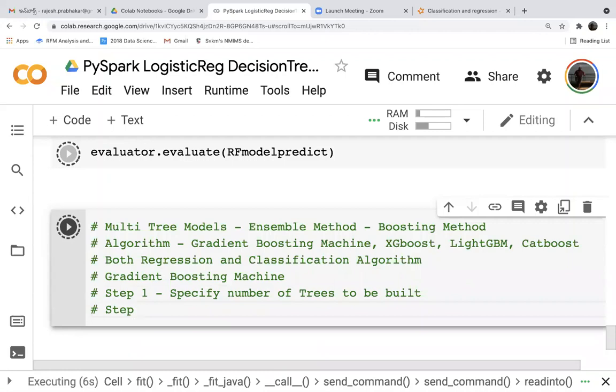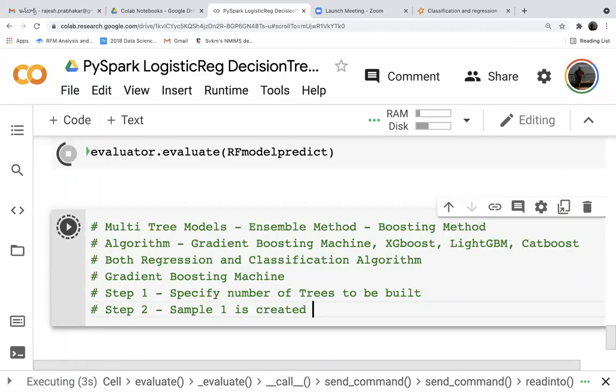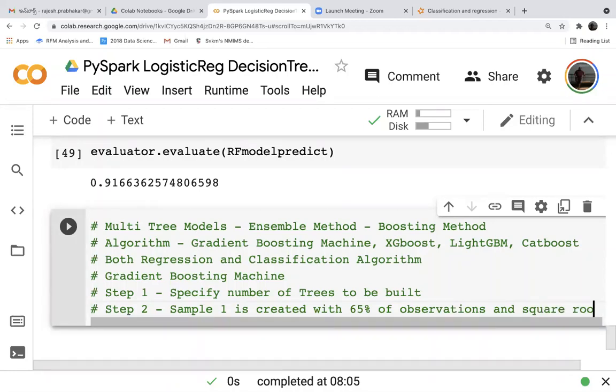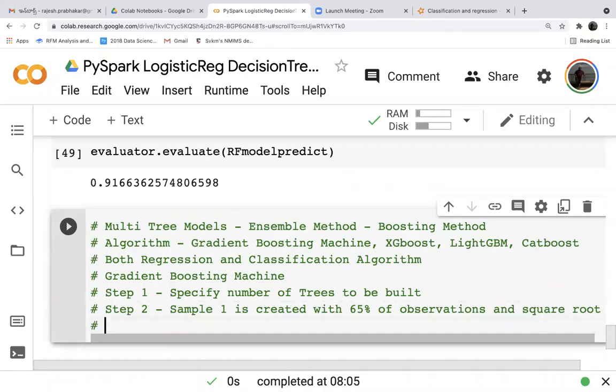Step 2: sample 1 is created with 65% of observations and square root of the number of variables, with variables randomly picked for each sample.